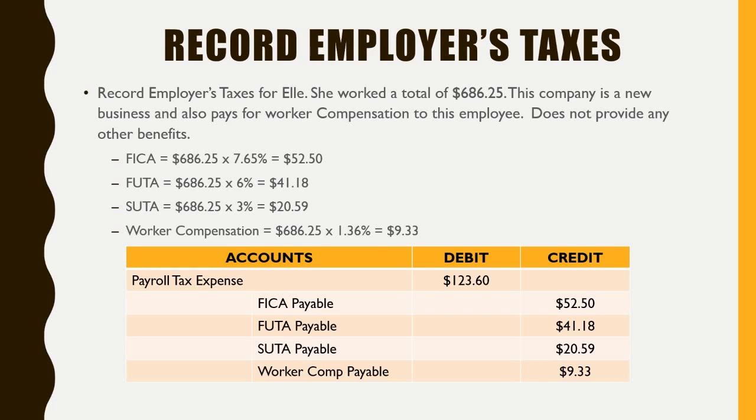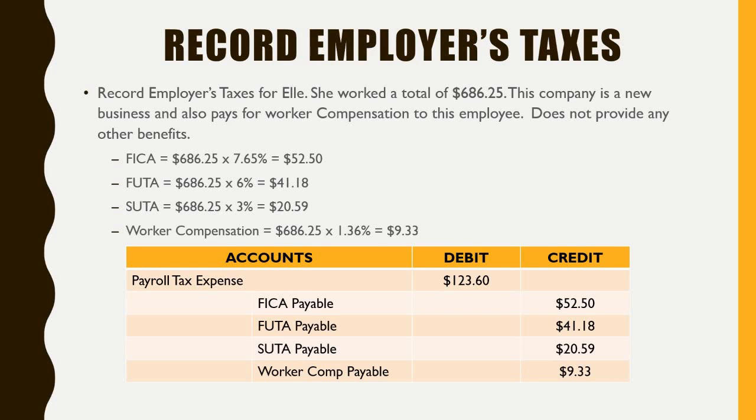So think about it twice when actually having employees, okay? Because not only did L get to take away $586, you have to pay $123 for having L work at your company.